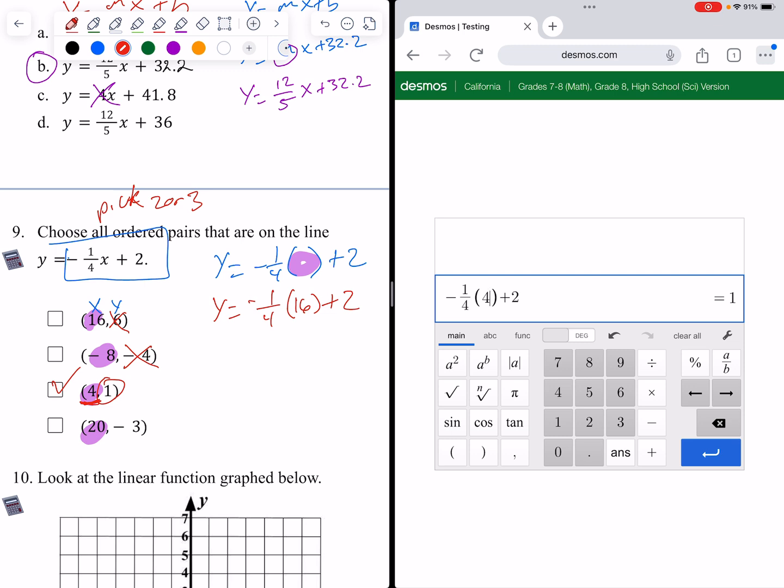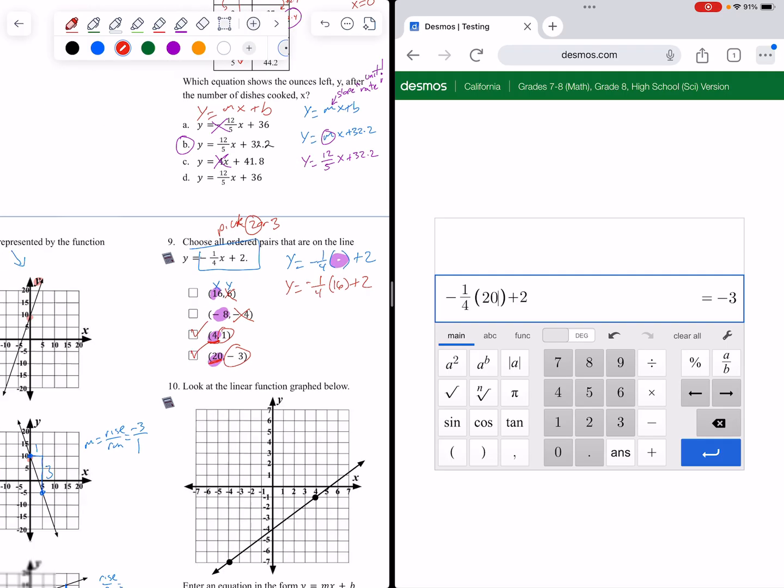And if I already went through this and only one so far has worked out, most likely the last one should work out, because I only have one so far. Let's see if I did this correctly as a teacher to validate what I said. So yeah, if I plug in 20, I got -3, so that one is also correct. And again, I ended up picking 2 or 3 as my options.